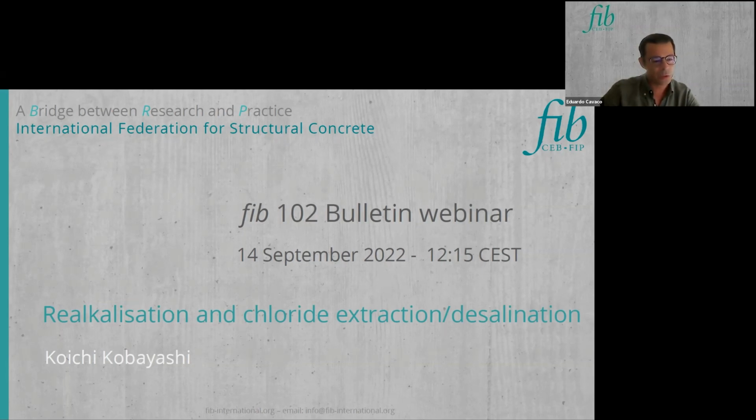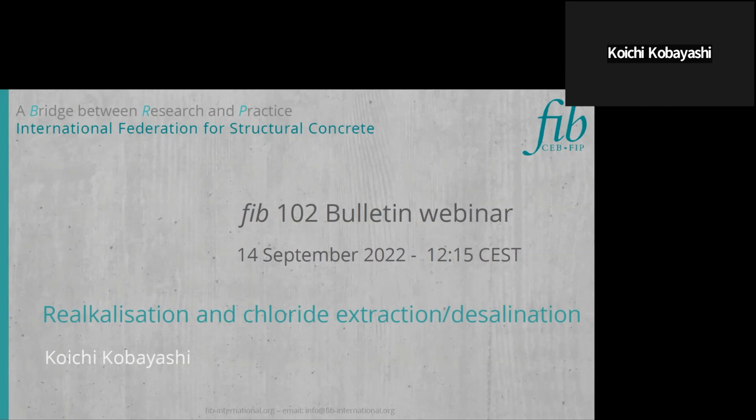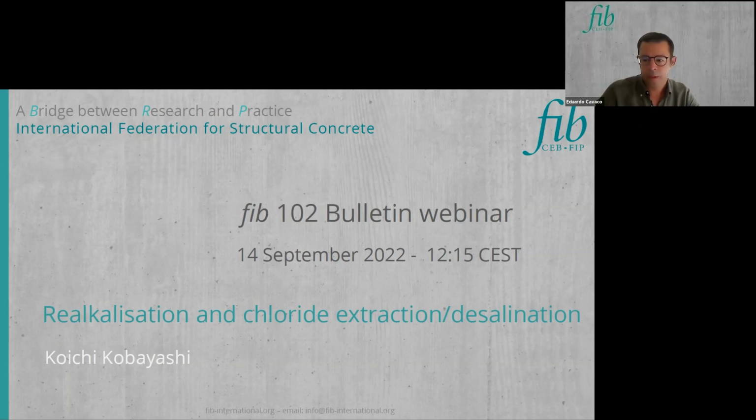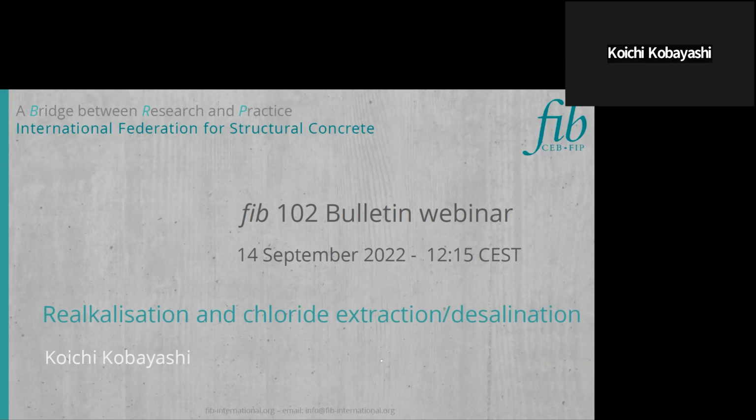As far as I know, the effect on the strength is negligible. However, due to the alkali accumulation along the rebar, the bond strength between the rebar and the concrete decreases.